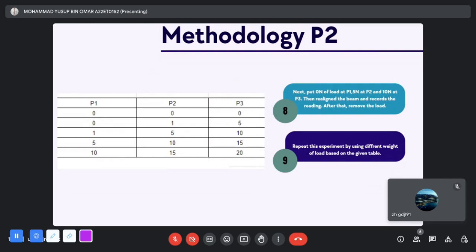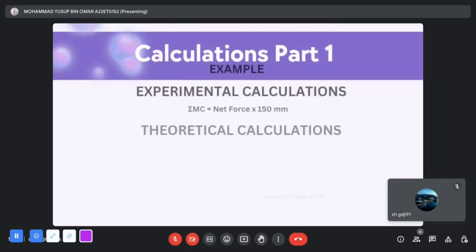Then we need to align the beam again and record the reading. After that, remove all the load. After we have done the first one, we need to repeat this experiment using different weights of load, based on the given table in this slide, as you can see.